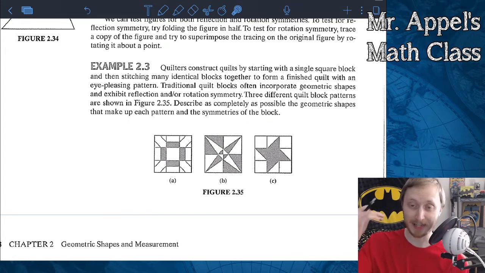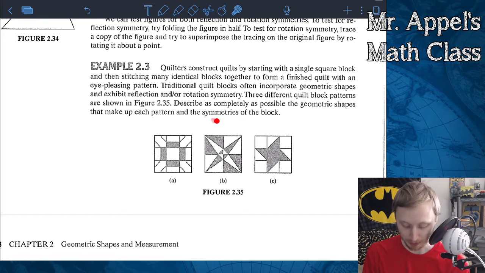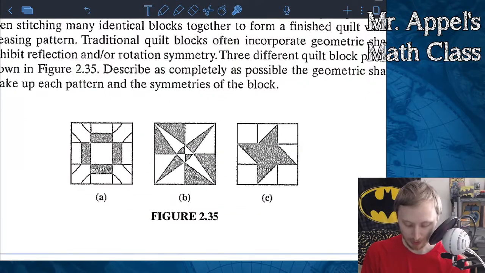Okay? So first identify all of these shapes that you can see. Oh, I got a triangle here, a rectangle there, square, square, triangle, right? And all of the possible symmetries. Can I rotate this around? And in this case, notice the shading of the blocks that will affect, for example, rotational symmetry.